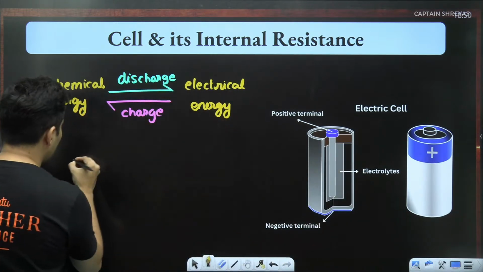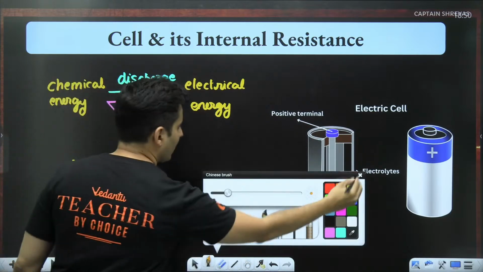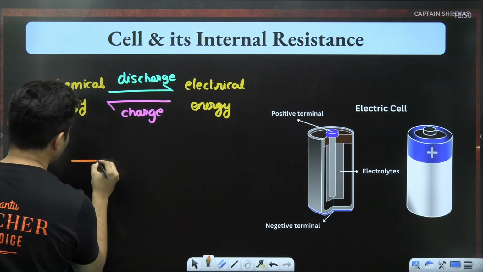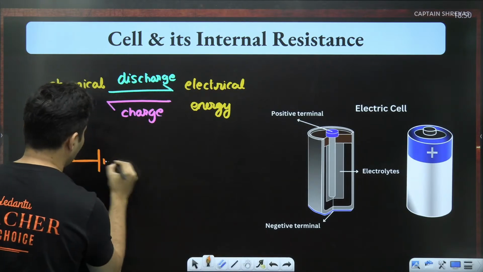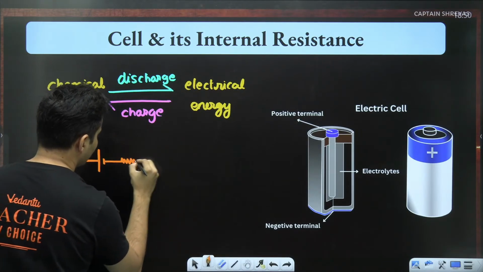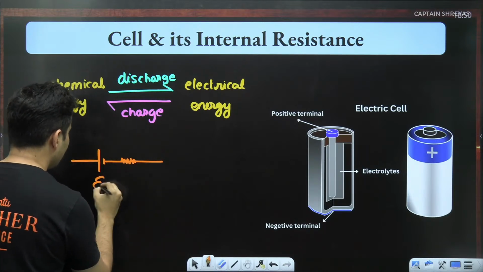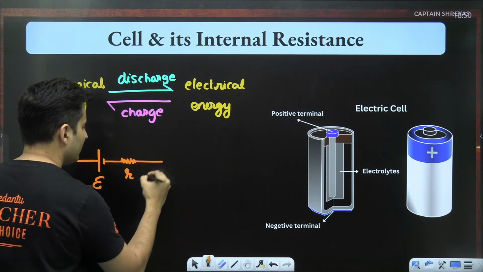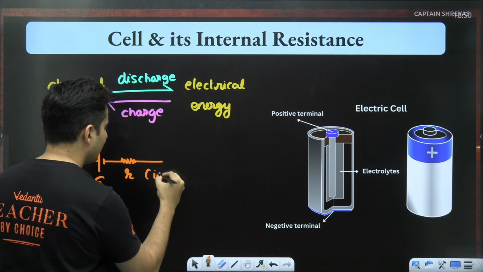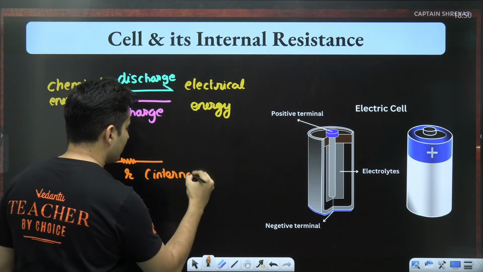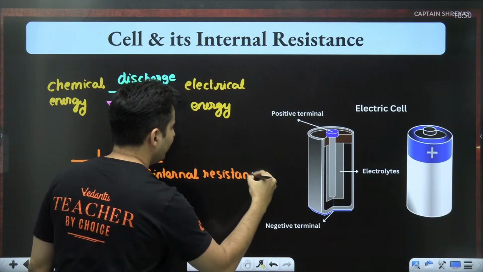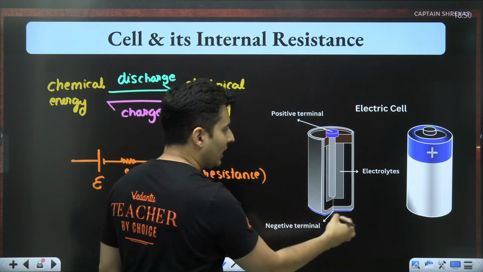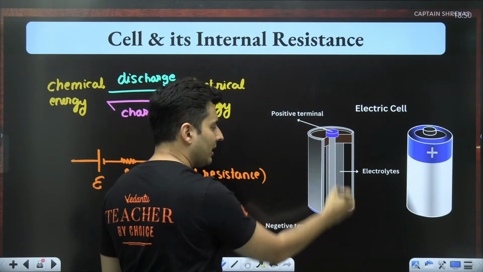The manner in which you represent a battery is like this. This is how you represent it. And you also show a small resistance here. This is EMF, this is R. This R is also called the internal resistance, which is present within the electrolytes, the chemicals which are there inside the battery.